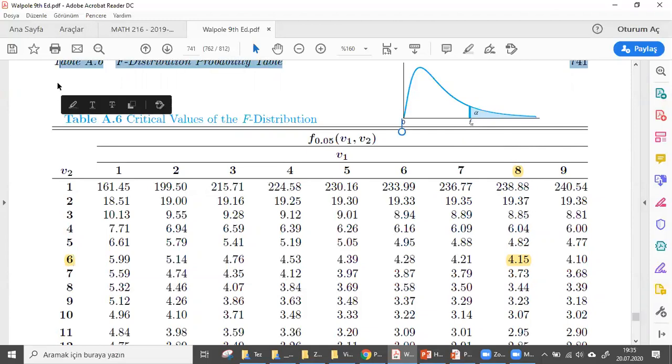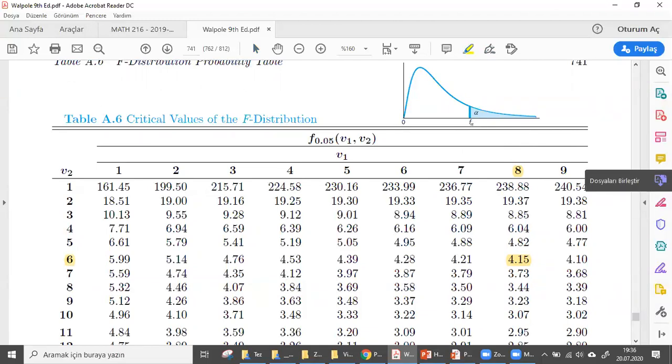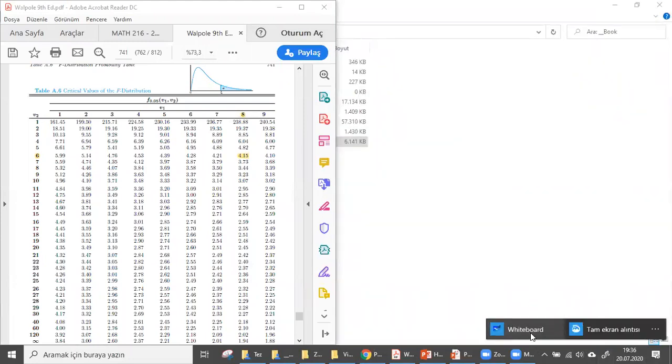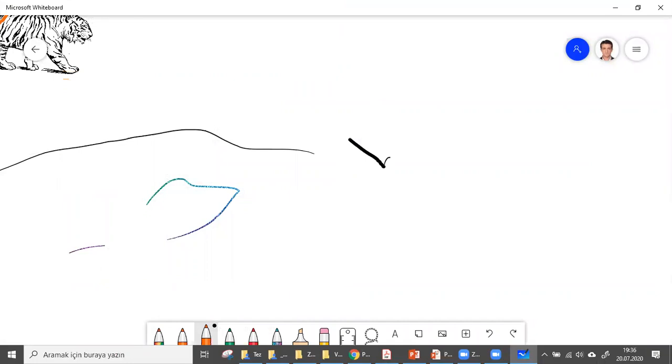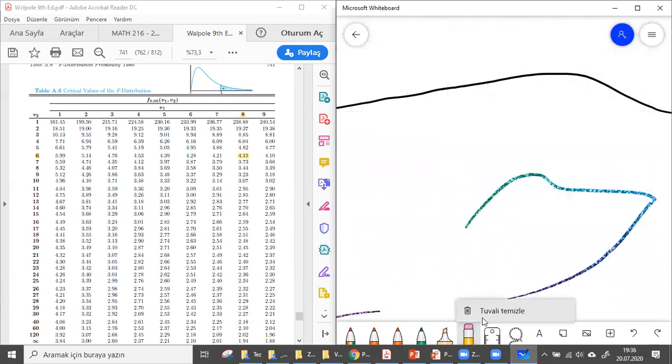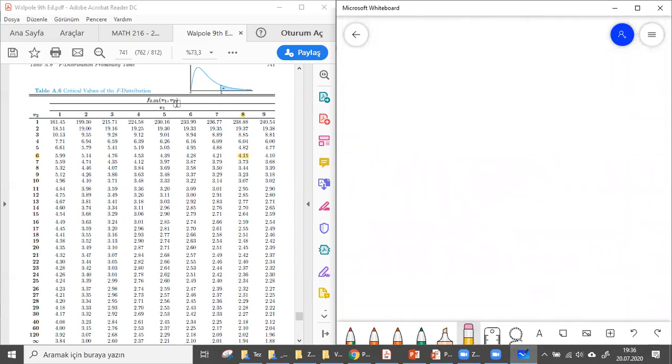Let me just open my whiteboard. Okay, so what does this mean?